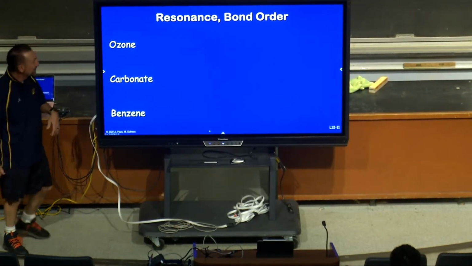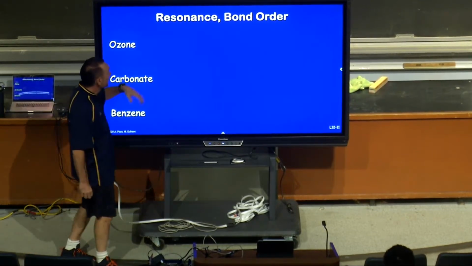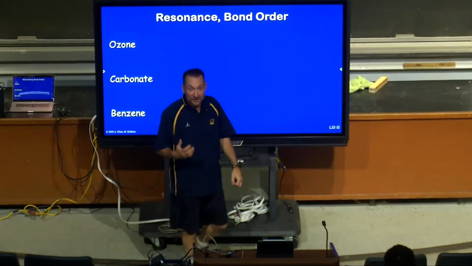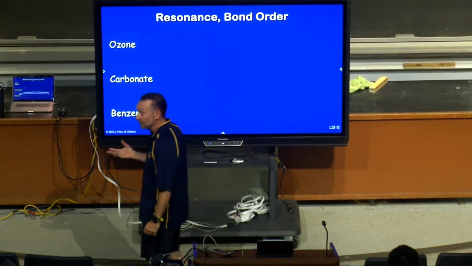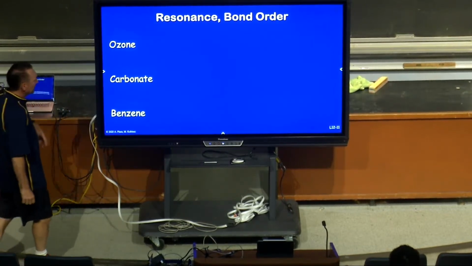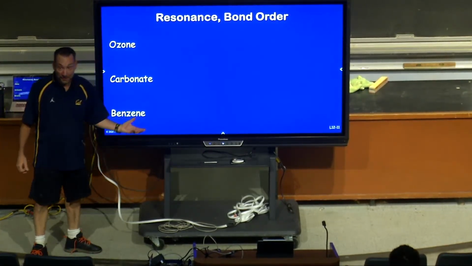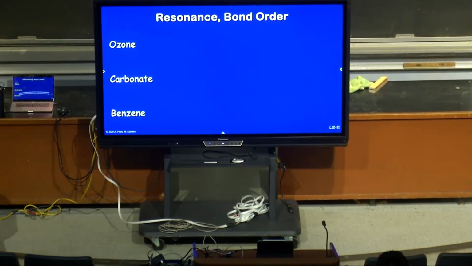So we'll continue with our discussion of molecules. After we've drawn this Lewis dot structure, we often realize there's more than one way to do it. And we're going to spend the next couple minutes looking at the different ways and deciding if maybe some ways are better than other ways.